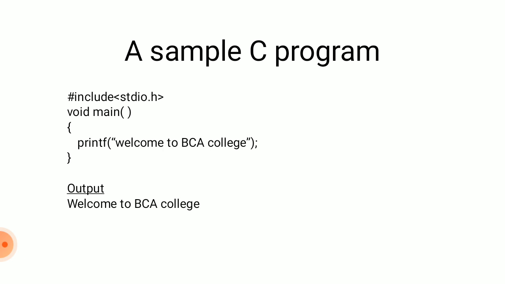Sorry, main returns an integer type, but without void also we can return the integer value. Main has parentheses in front of it. If you do not type the parentheses after main, then it is not considered a function. So, main is a function.